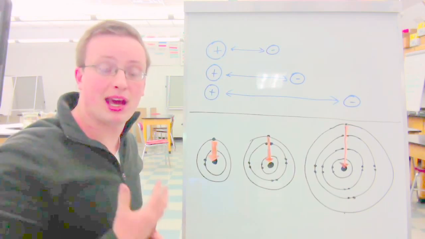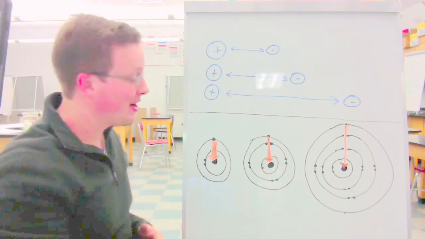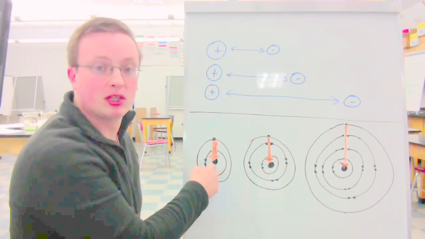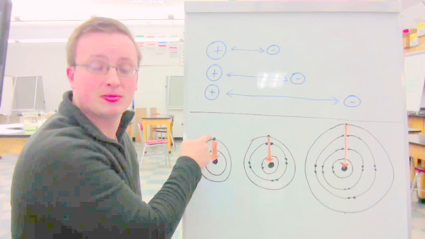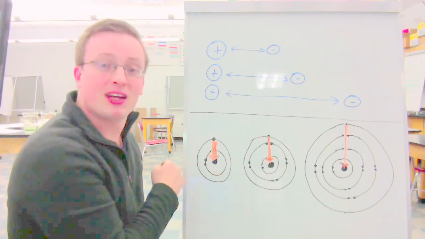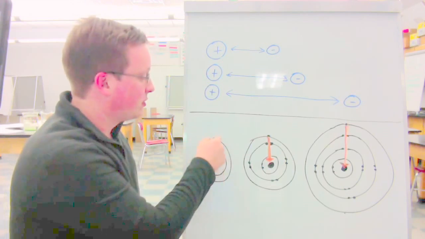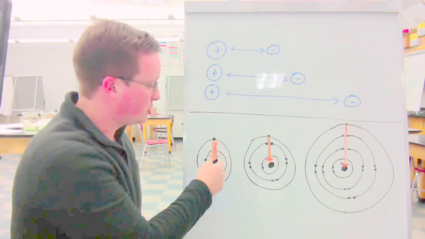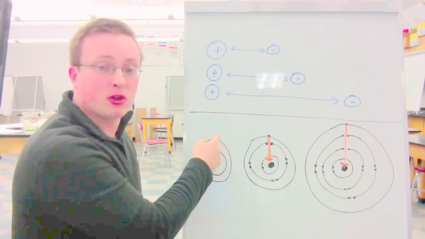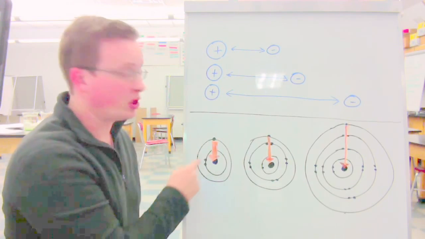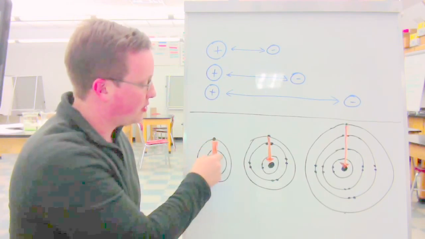We know that elements consist of protons in the nucleus and electrons on the rings. If I have an element that has electrons very close to the nucleus, that electron feels a very strong force. And we can show that by using a thick arrow.